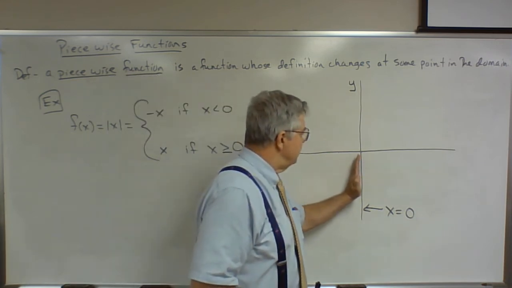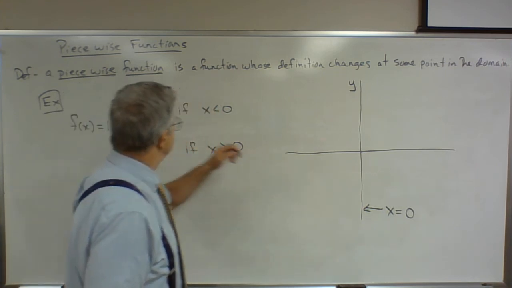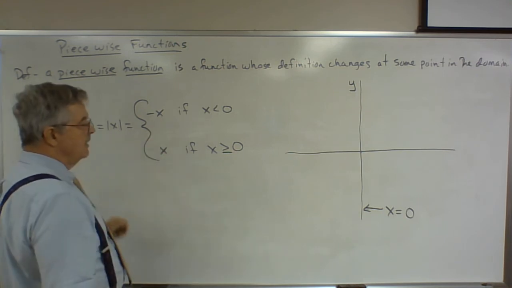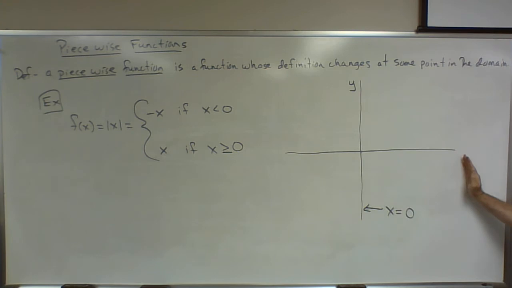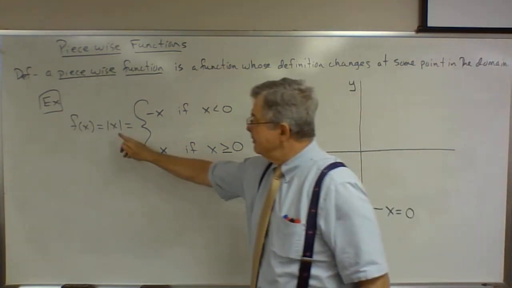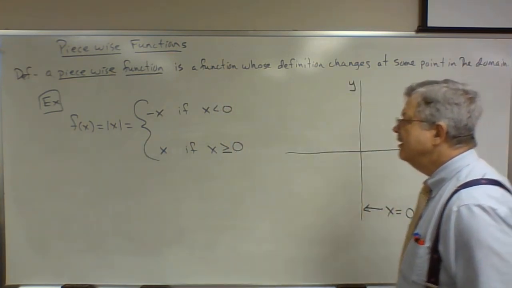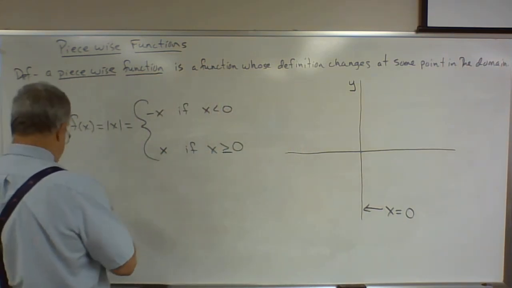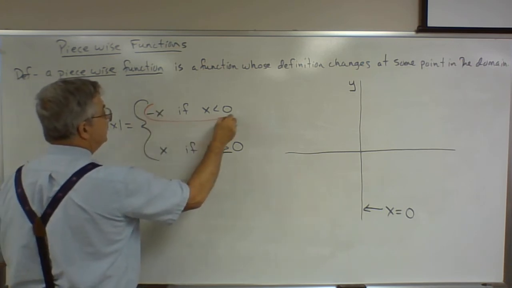So to the left of x equals 0, where x is negative, we define the absolute value of x this way. To the right of the y-axis, where x is positive, we define the absolute value of x this way. So let's see. Let's look at the first definition.